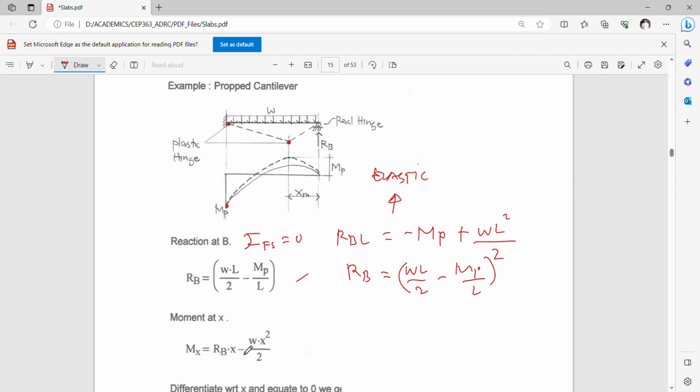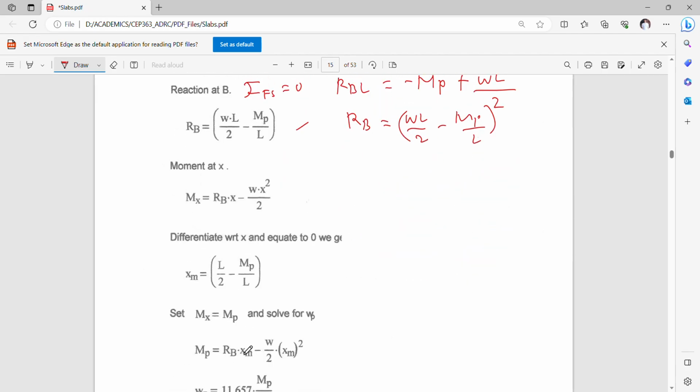Okay. So for the derivative, if we differentiate this moment, we are now getting an optimization procedure. If we want to optimize the moment by simply differentiating this with respect to x and equate to 0, we are just making use of an optimization technique.